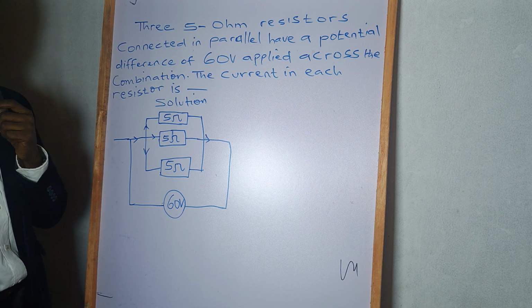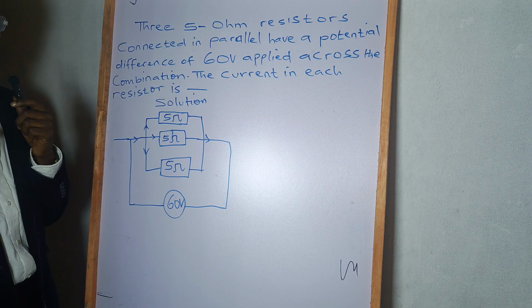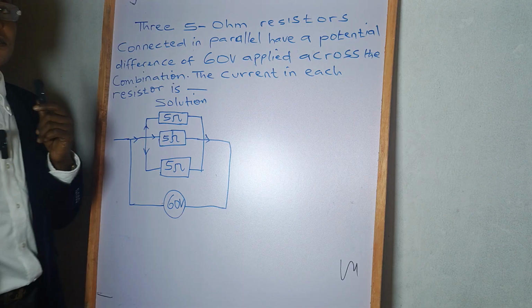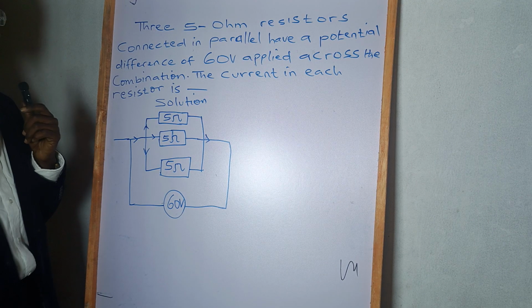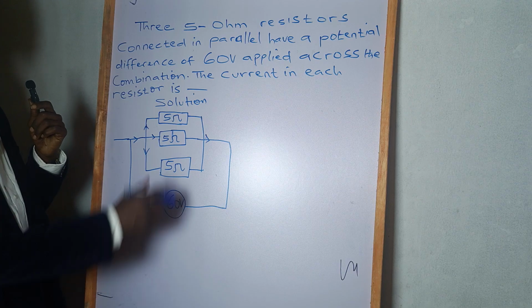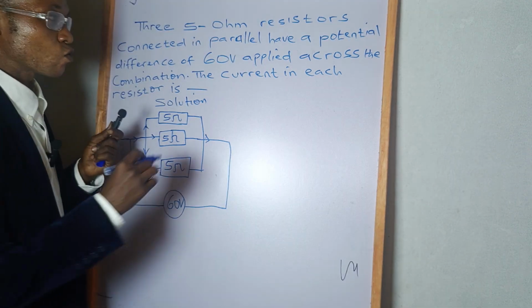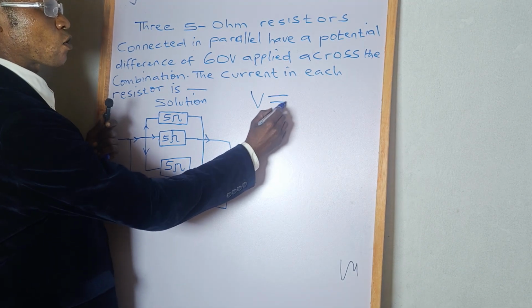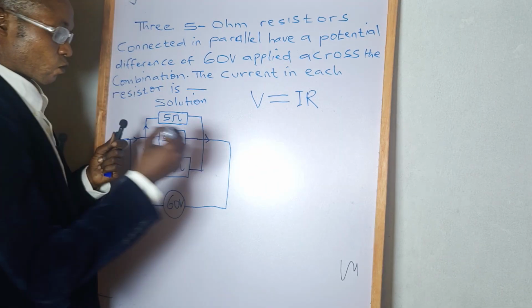What we are told to find is the current, which can be depicted by capital letter I. Then the formula that connects what we are told to find is the formula from Ohm's law. V is equal to IR.